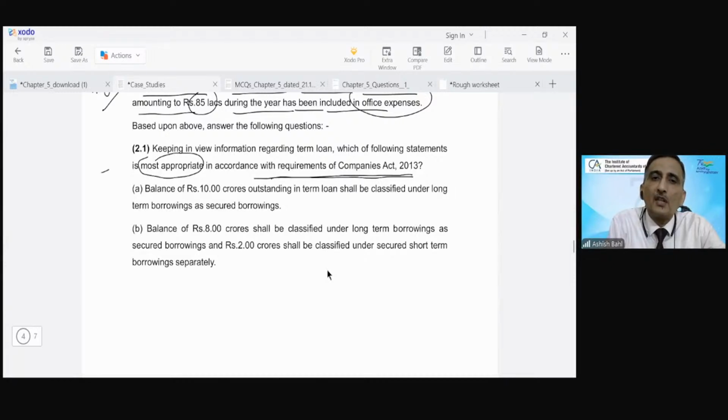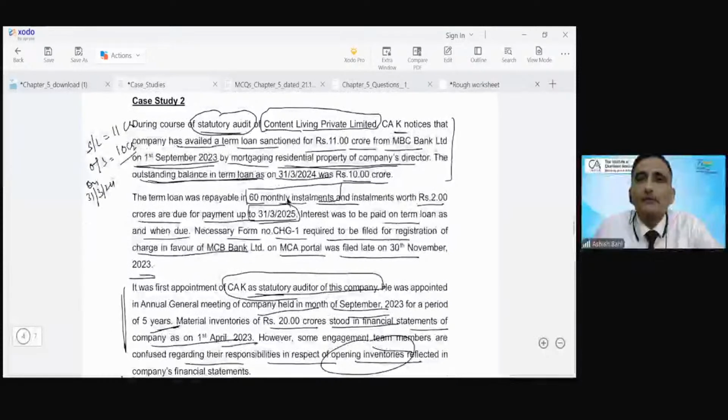So it is a question of classification, Schedule 3 disclosure requirements basically. So now read what was the description of term loan. The company had got sanctioned a term loan. That loan was sanctioned for 11 CR, but the amount outstanding as on 31st March is 10 CR. So what would be appearing in the balance sheet of the company as on 31st March 24?